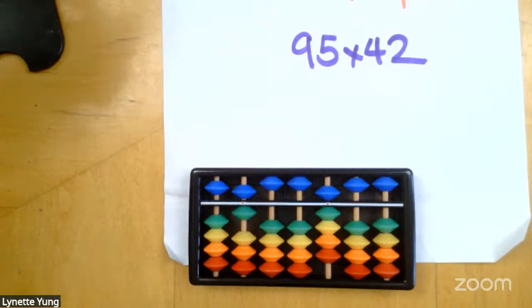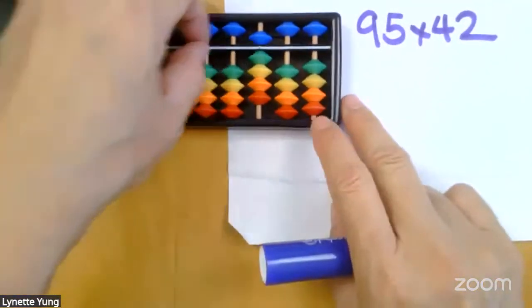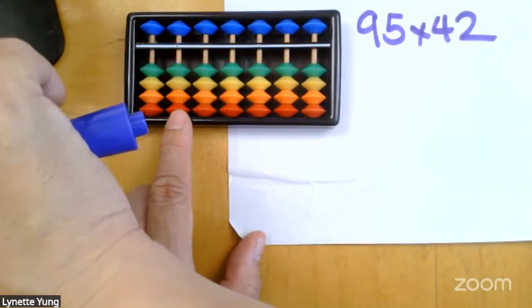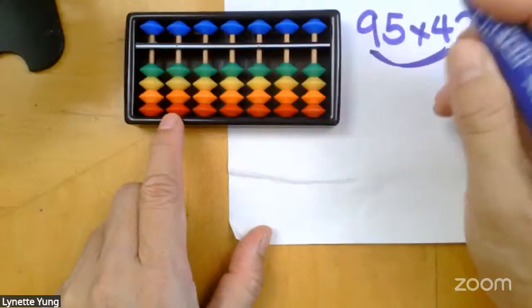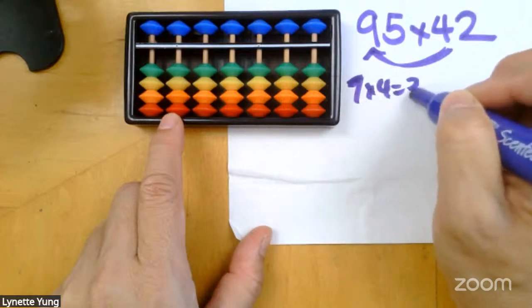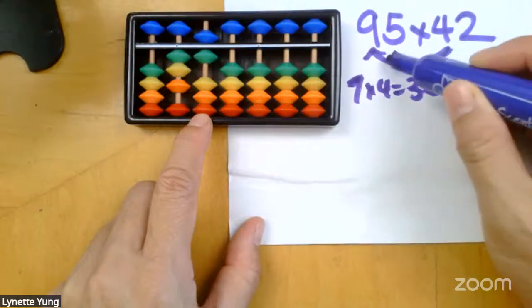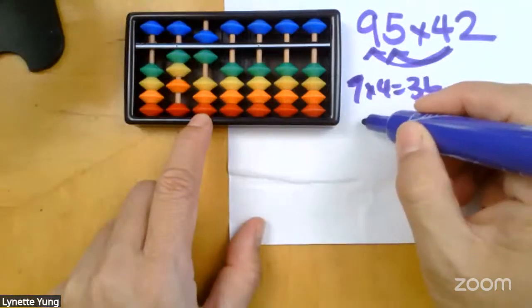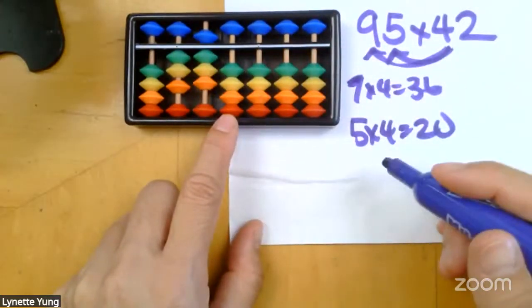So you want to count the digits. 1, 2, 3, 4. So 9 times 4 is 36. Then 5 times 4 is 20.